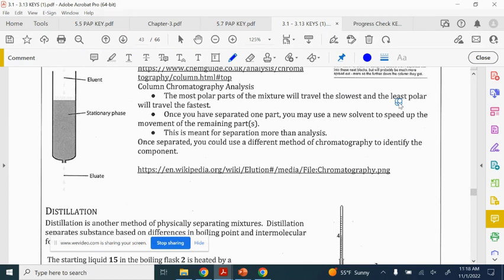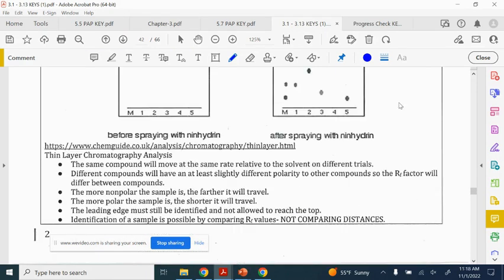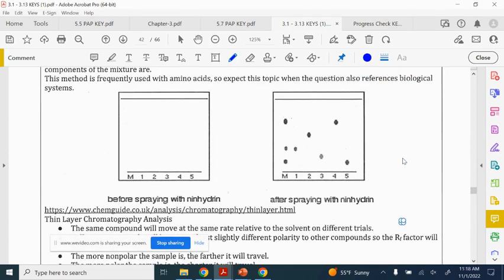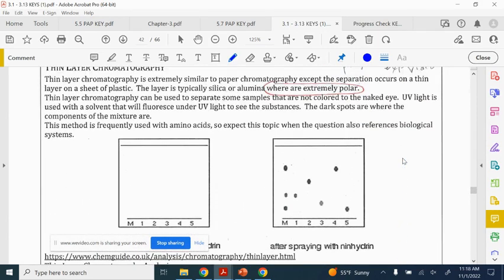Sometimes it's on paper, but it always has a silica gel or silica component to it, okay, because that silica or alumina is very polar. Okay, so it makes the paper or whatever medium it's on really, really polar. Sometimes it's on a thin thing of plastic, sometimes it's on glass. But yep. And it's very polar.